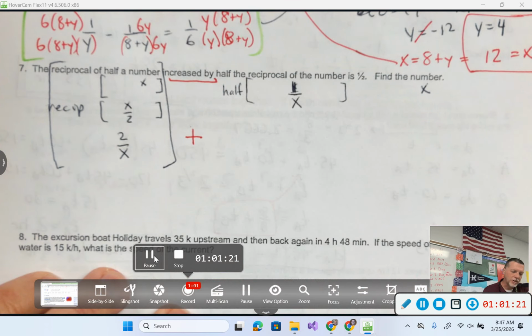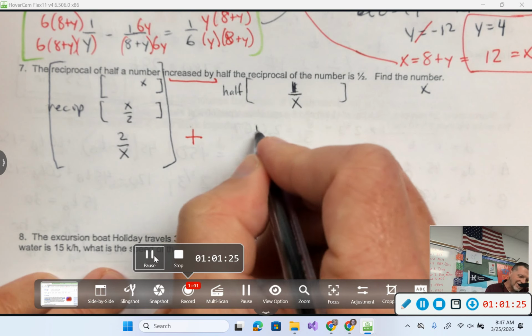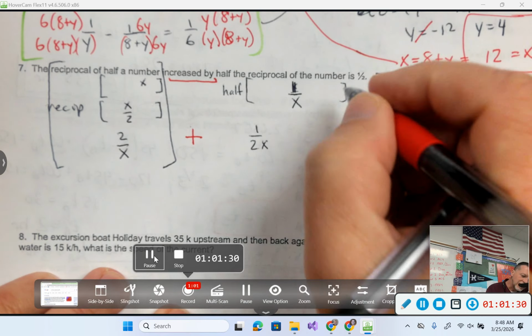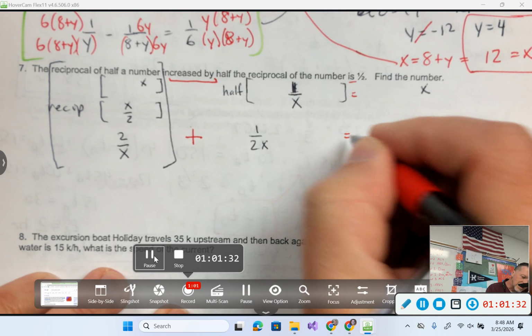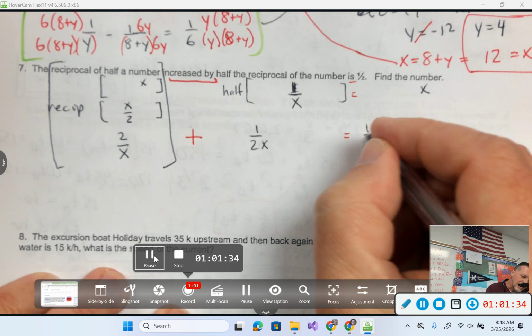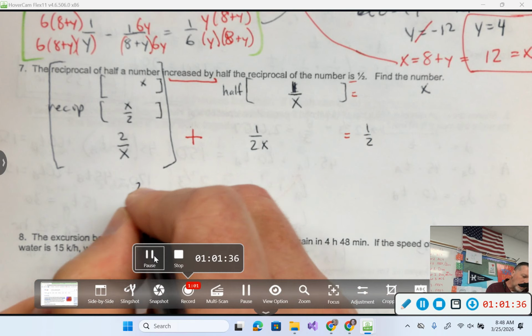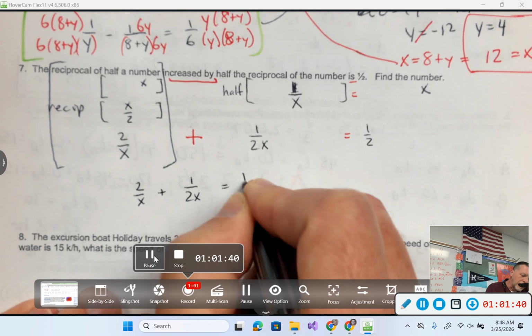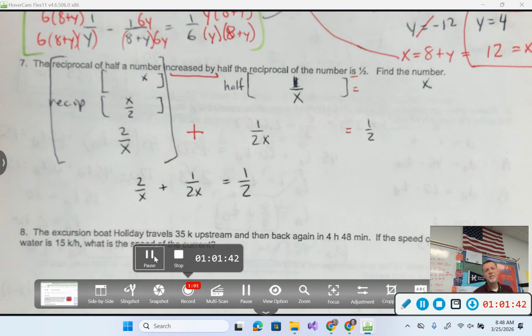What's half of 1 over x? 1 over 2x is, that means equals 1/2. So that is a weirdly worded problem, but I don't really think it's that hard of a problem to solve once you get to the bottom of this thing.